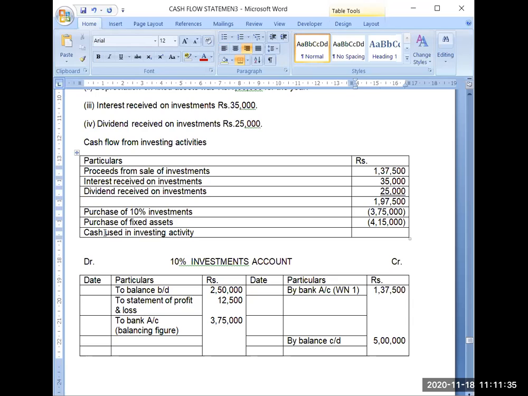Now it will be 375 plus 15, 390, 7,90,000.